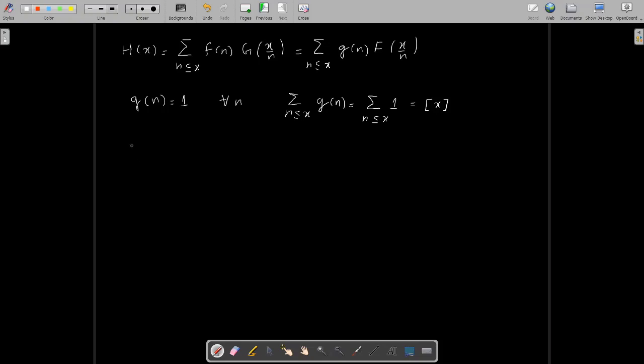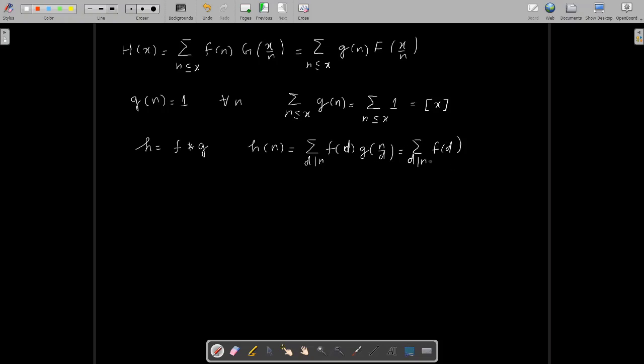If you define small h as f star g, what is f star g? Small h of n is nothing but sigma d divides n, f of d, g of n by d, that is equal to sigma d divides n f of d, since g of n by d is always 1.